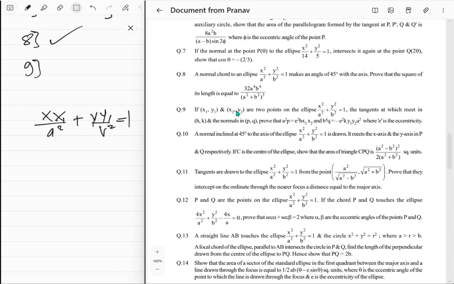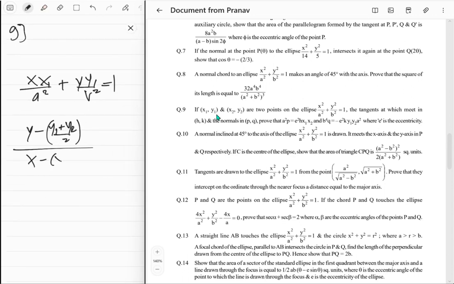Oh, okay. So what's the line between these two? It's supposed to be, so you might as well just say, y minus y mid, which is y1 plus y2 upon 2, and then upon x, so x is like x1 plus x2 upon 2.